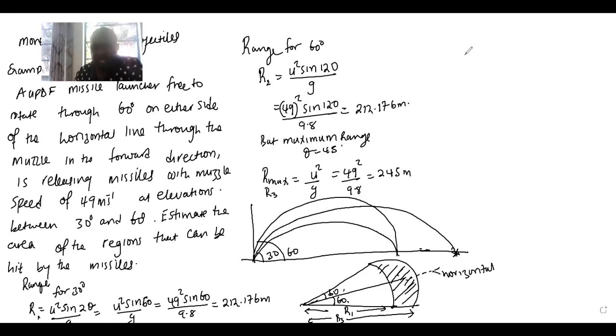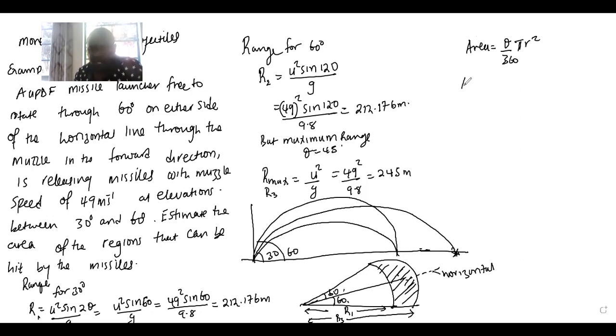Therefore, the area would be the area of the sector. You get the area of the first sector with R1, and the area of the second sector with R3. Area of the sector is given by theta over 360 times pi r squared.